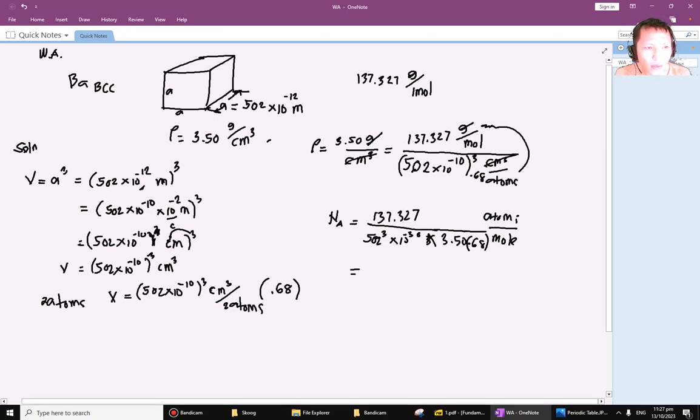Your 502 goes here. Volume. That should be 2 atoms over 0.68 volume. So that should give us times 2.